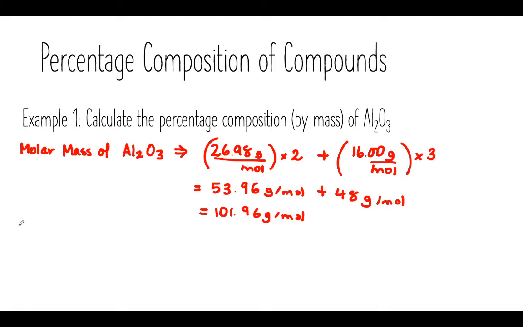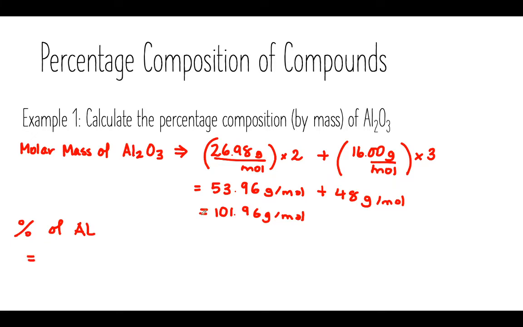All right, now I'm going to do the individual sections. In order to find the percentage of aluminum, I have to take the mass of aluminum, and again, we're accounting for the fact that there are 2 atoms of aluminum in this compound, and divide it by the total mass, right?